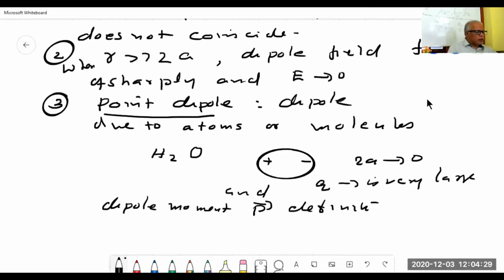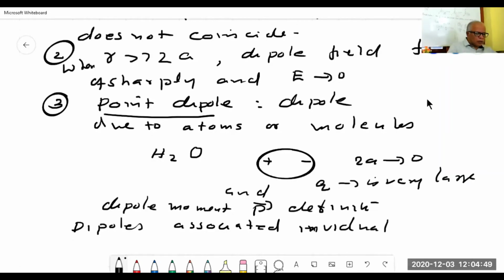Examples are dipoles associated with individual atoms or molecules, called point dipoles.